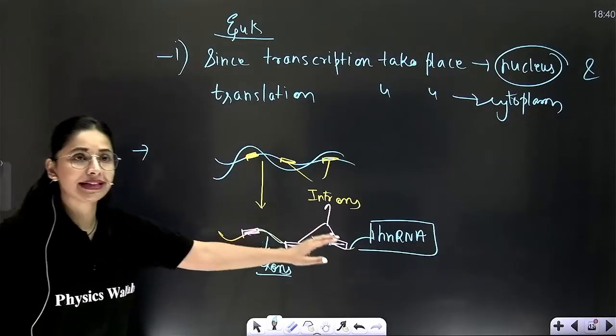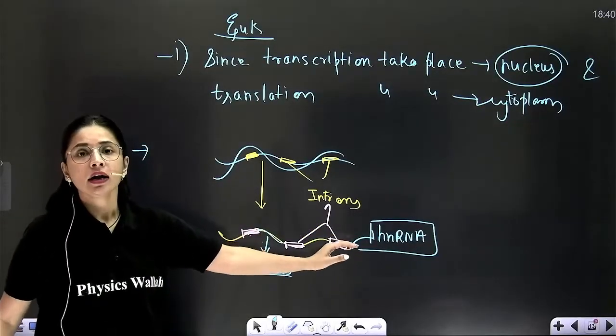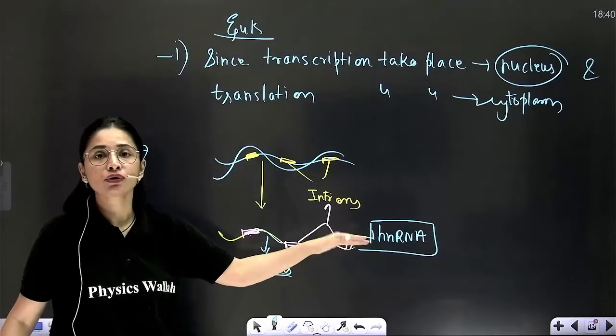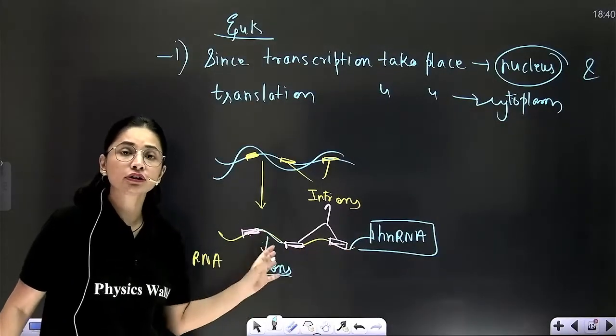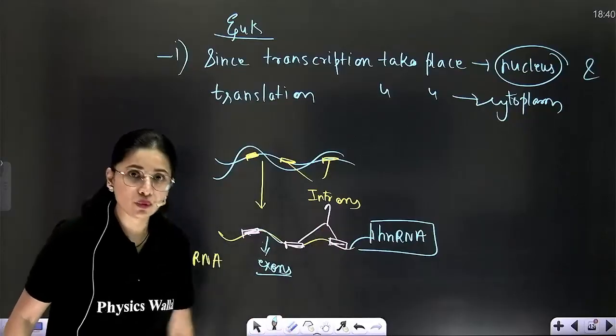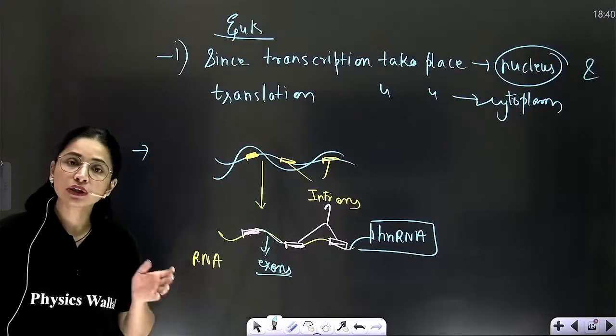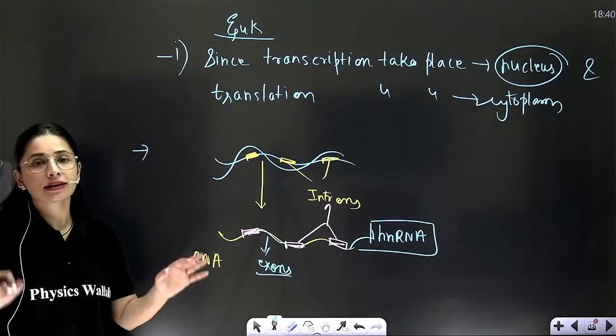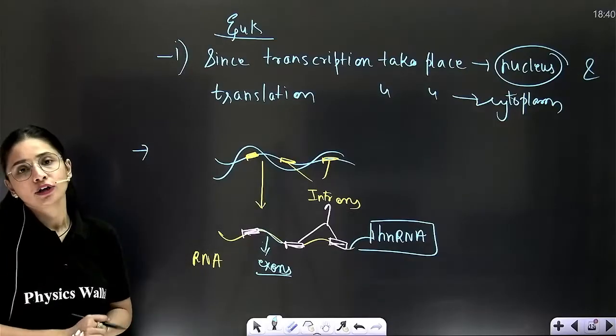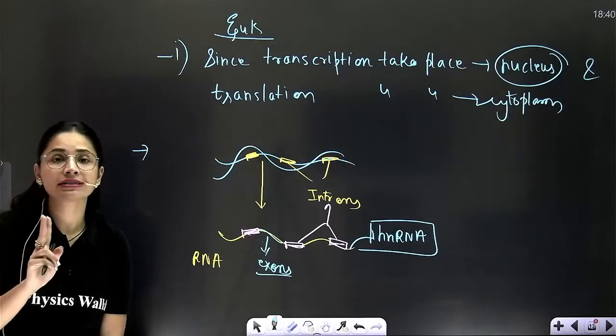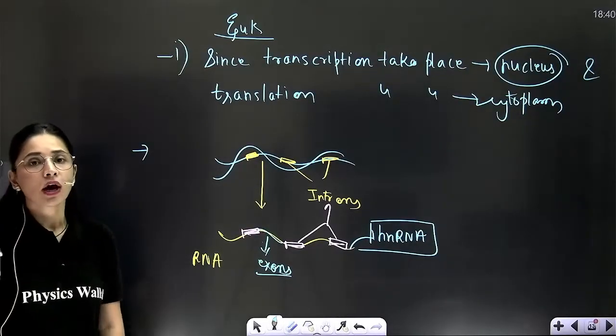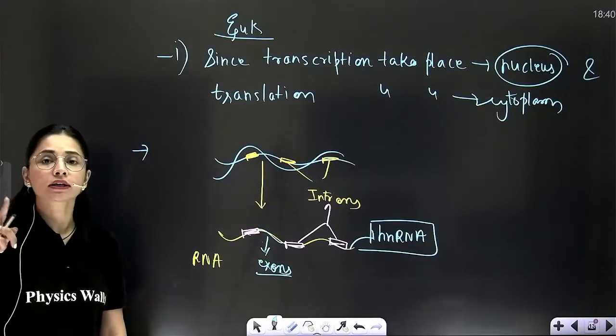So now this hnRNA cannot undergo translation. First, introns need to be removed. Till the time introns are not removed, the process cannot start. So this is the second important reason why in eukaryote both the processes are not coupled.